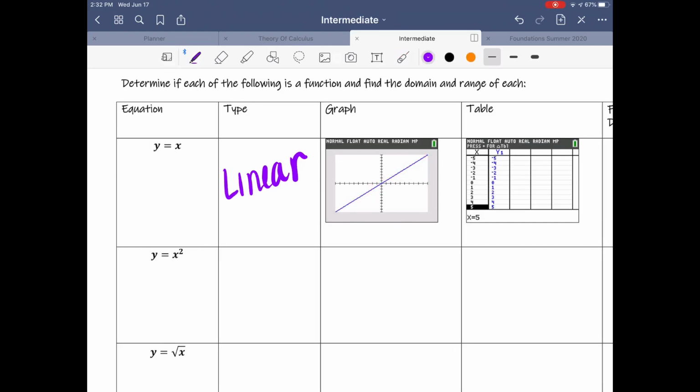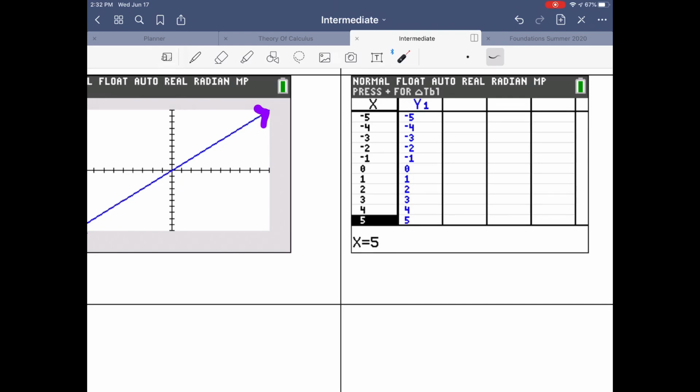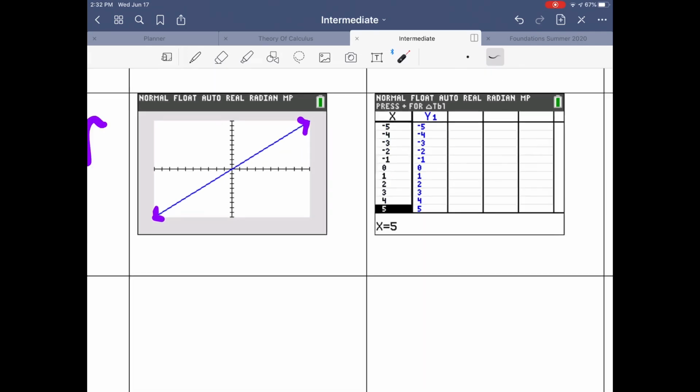It technically goes on forever in both directions here. And then if you were to look at a table of values, that's what it would look like. You can see it goes up linearly. It goes up 1, up 1, up 1, and so on. It's linear. It doesn't jump a lot between values. It grows gradually, linearly.